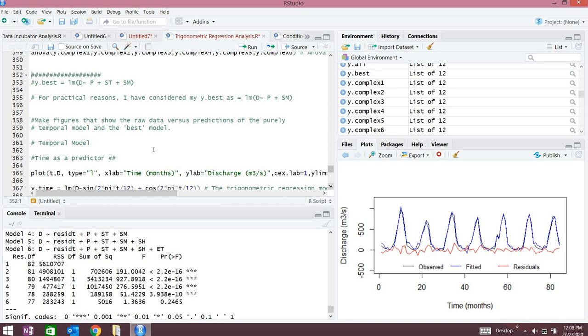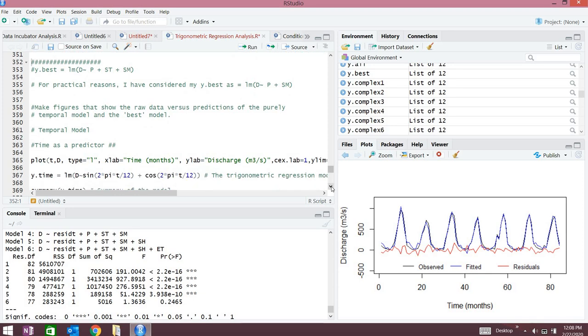But I consider some reasons to take precipitation and soil moisture as the best variables instead of soil temperature. That's for my personal reasons, to not make the video longer. So you can consider it 3. It's up to you depending on your area of study.